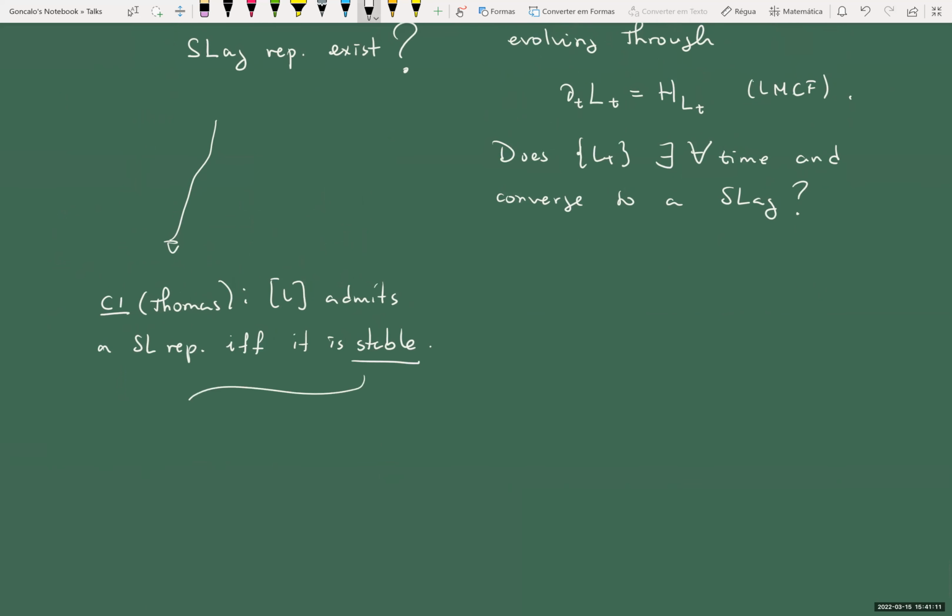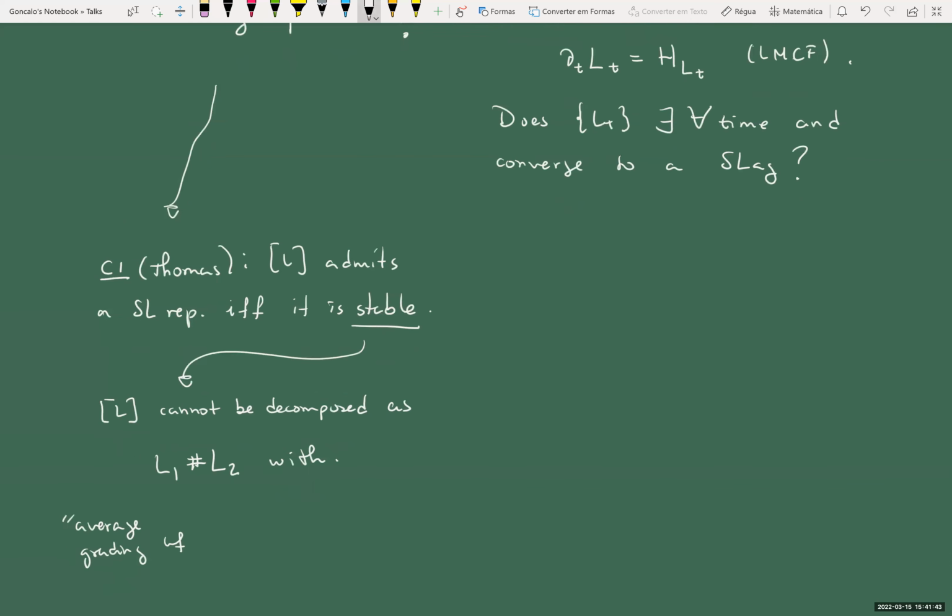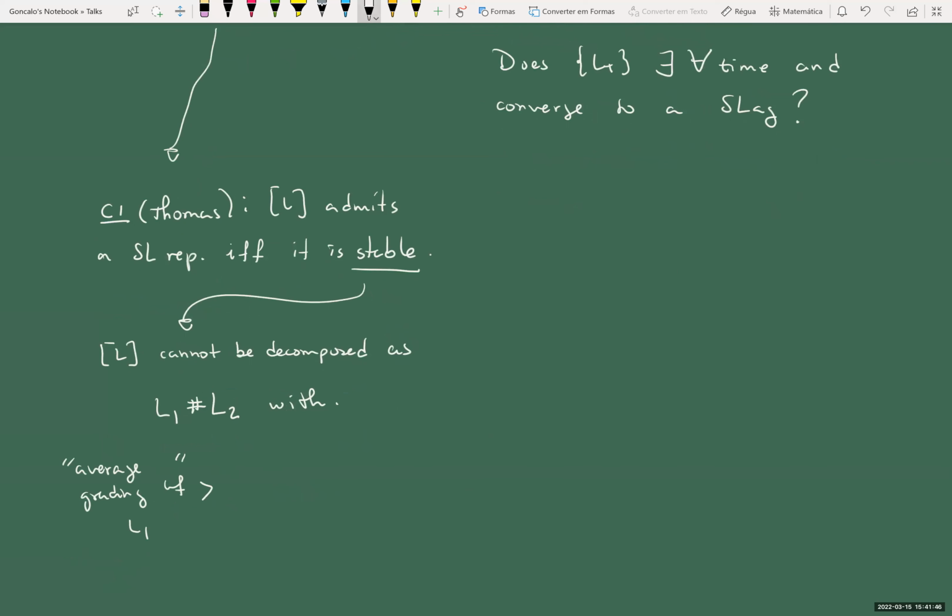So stable means that this Lagrangian Hamiltonian isotopic class cannot be decomposed as L1 connect sum L2, the Lagrangian connect sum, with the average grading of L1 greater than the average grading of L2.